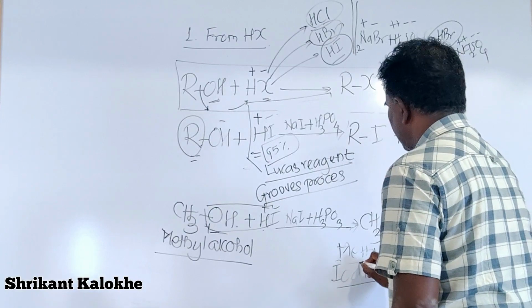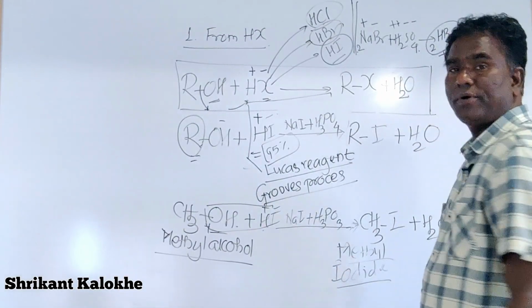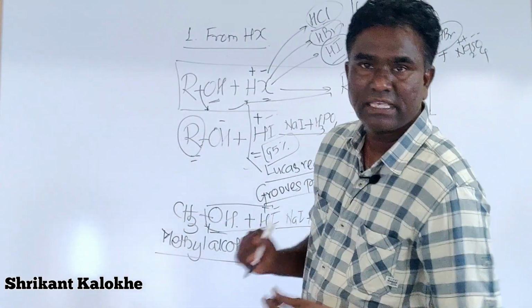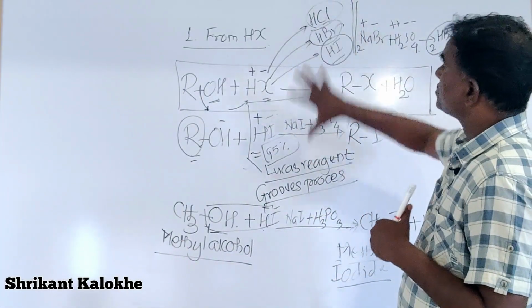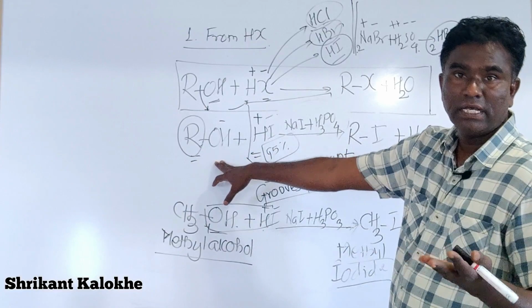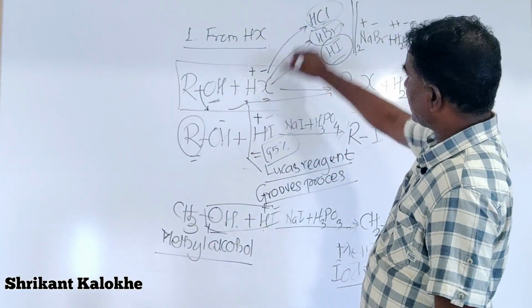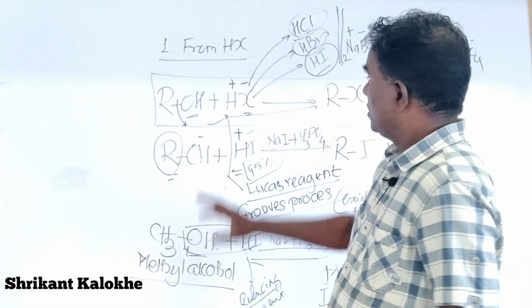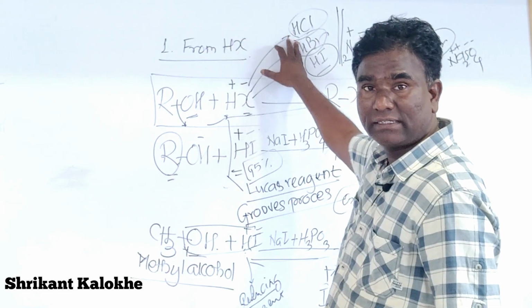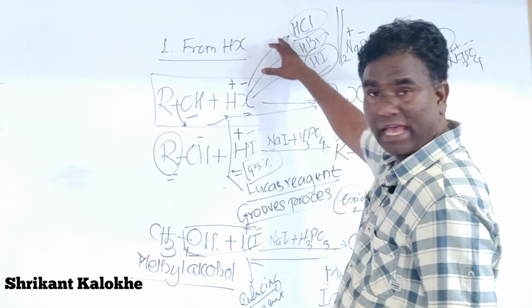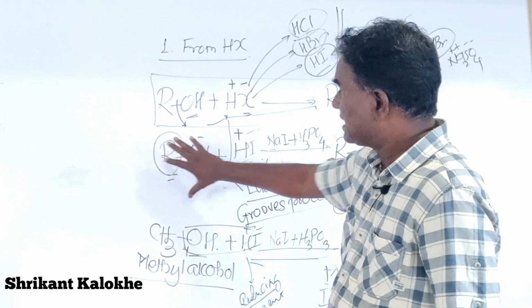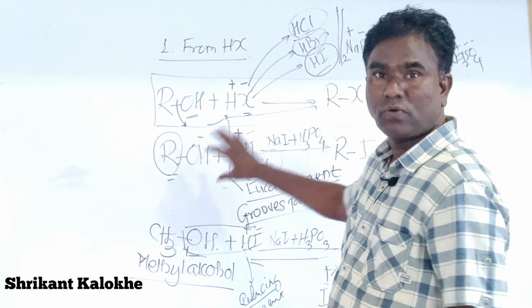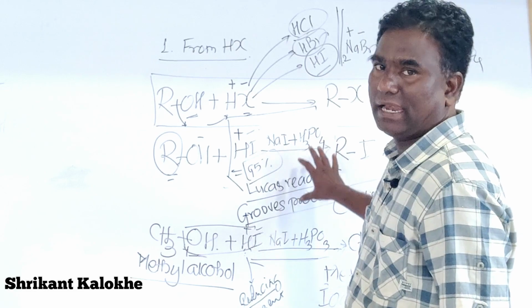What is the name of this compound? This compound is methyl iodide. In this way, by using haloacids, we have been able to convert these alcohols into respective alkyl chlorides, alkyl bromides, and alkyl iodides. So these are the three haloacids, and there are three different conditions to react with alcohol and convert it into alkyl halide.